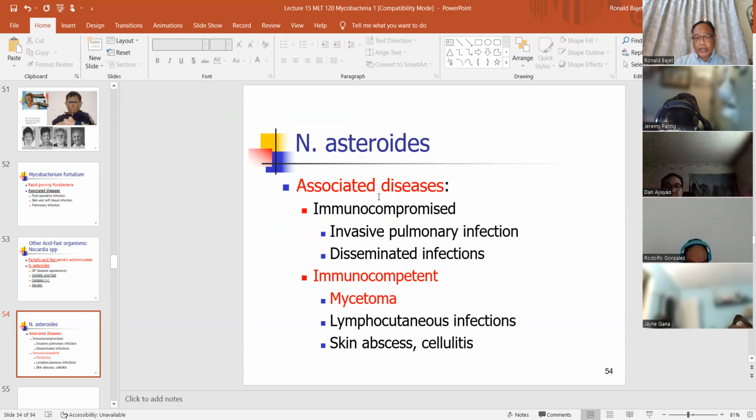These organisms wake up in an immunocompromised patient: invasive pulmonary infection, disseminated infections. In the immunocompetent, the infection is mycetoma. So this is Nocardia now, okay? Lymphocutaneous infection, skin abscesses, and cellulitis.